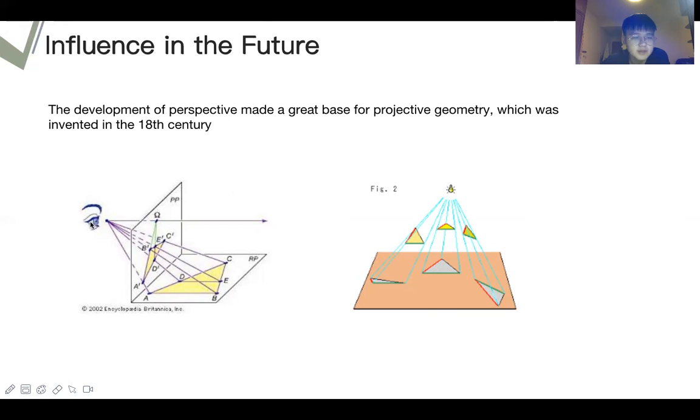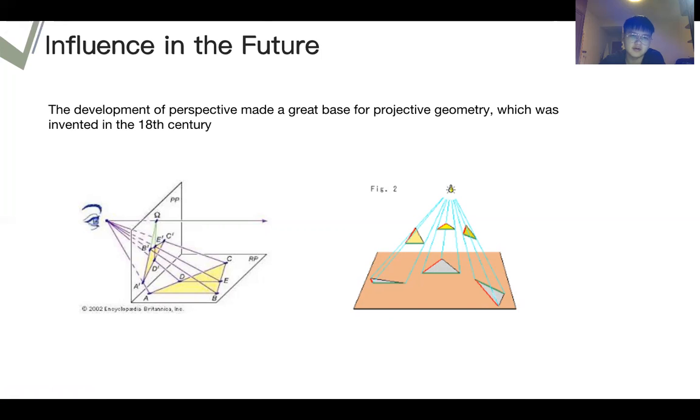There is an eye on the left, and we draw some lines from the eye, passing the triangle on the vertical plane, and then we end the line on the horizontal plane.